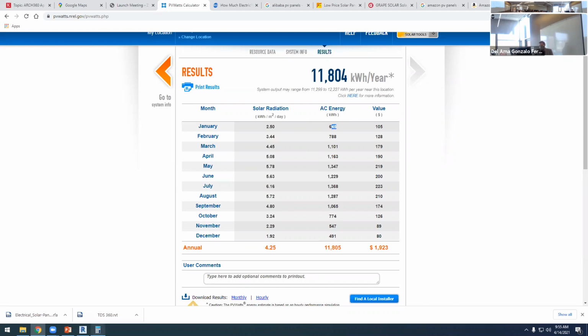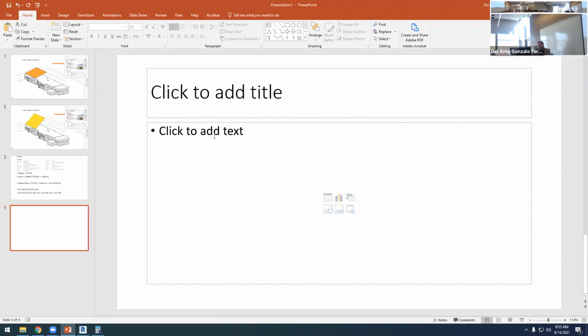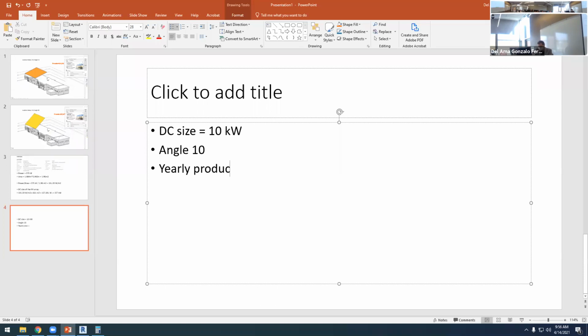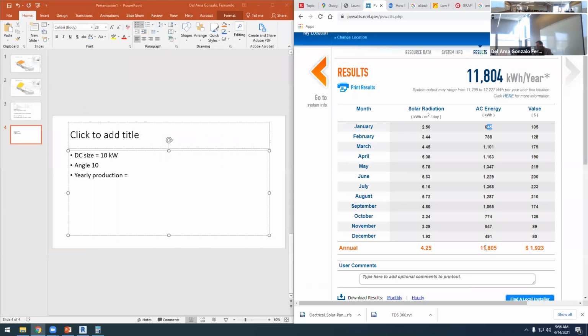And this is interesting, okay? So in this case, we are analyzing DC size 10 kilowatts. The angle is 10. The yearly production is 11,805.